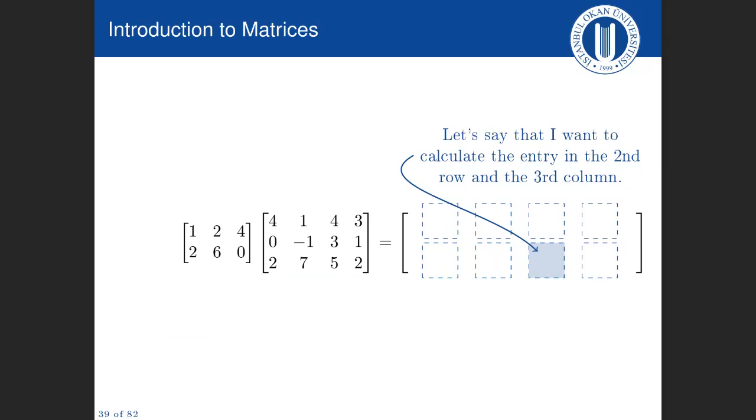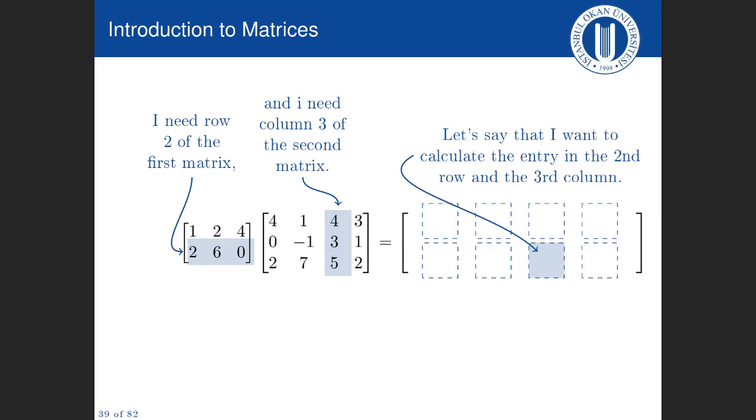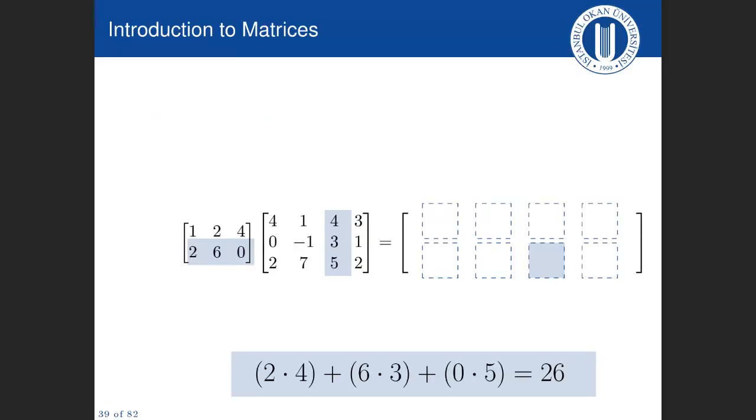For example, let's suppose I want to calculate the entry in the second row and the third column. The rule is I need the second row of the first matrix, and the third column of the second matrix. Then we multiply the first two numbers together.